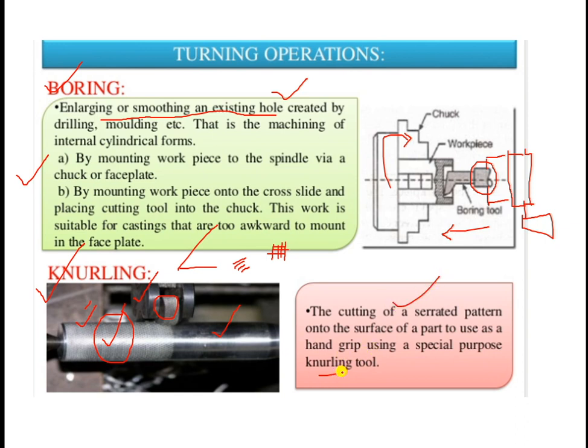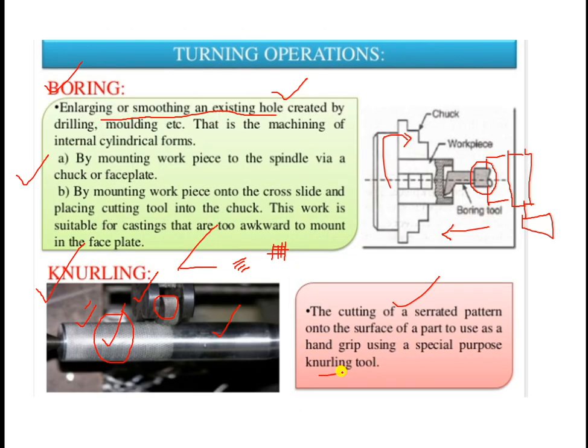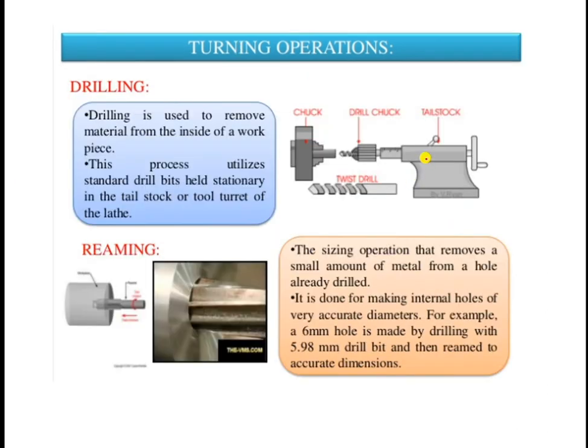Another important thing is the drilling operation, that I have already told you. There is not much difference as far as this operation. Here this is the boring, and in a similar way, in the tailstock such a kind of drill bit as well as drill will be held with the help of a drill chuck, and the drill chuck will be inserted inside the tailstock, and this particular workpiece is there, inside which a hole can be drilled.